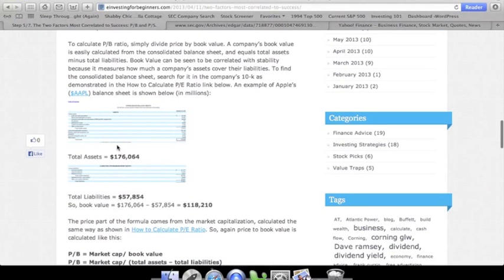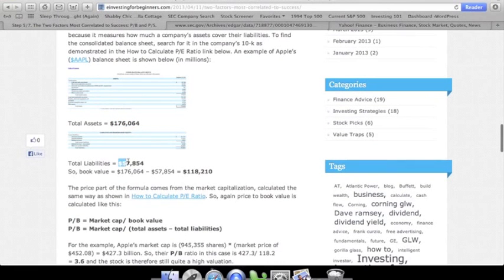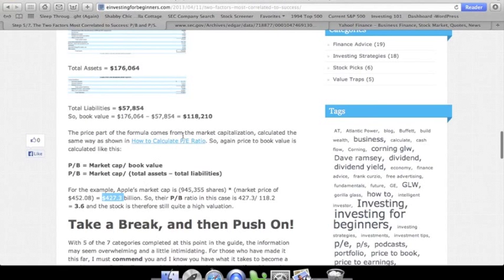You can see total assets are 176 billion, and total liabilities 57. So if you subtract liabilities from assets, you get what's also called shareholders' equity, or book value, at 118. Now that we have that number, we take their market cap number, which is right here, 427.3 billion at the time that I wrote this article, and divide by book value 118, and you get 3.6.